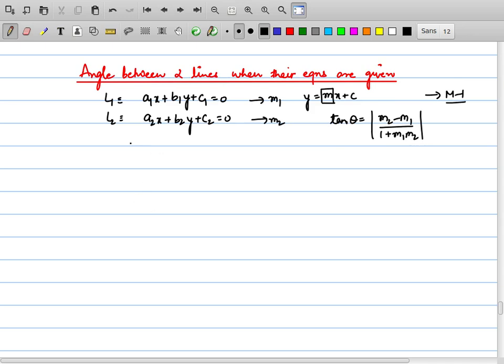What we do is, the slope of the first line m1 is minus coefficient of x upon coefficient of y, and the slope of the second line m2 is also minus coefficient of x upon coefficient of y.